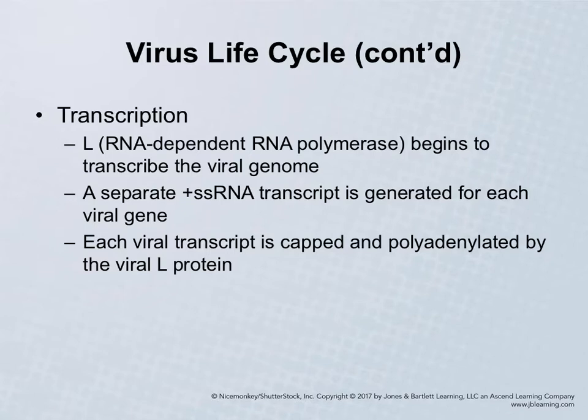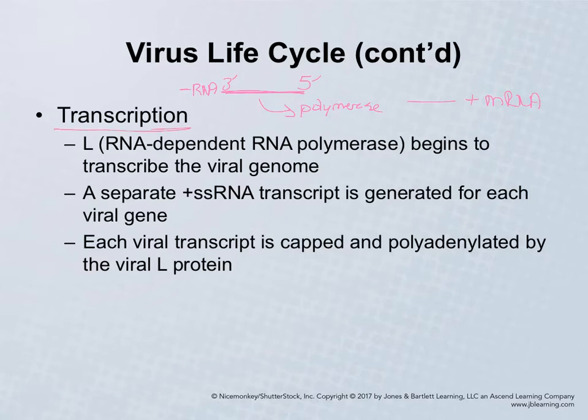So the first thing that's going to happen is that we have to go from our -sense RNA, so 3' to 5', and we have our polymerase with us, and through the actions of the polymerase, we're now going to begin to make positive sense messenger RNA.